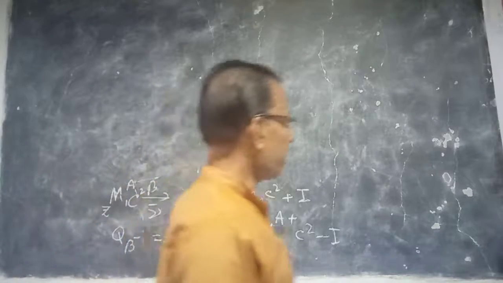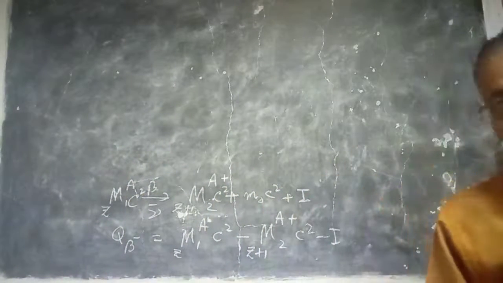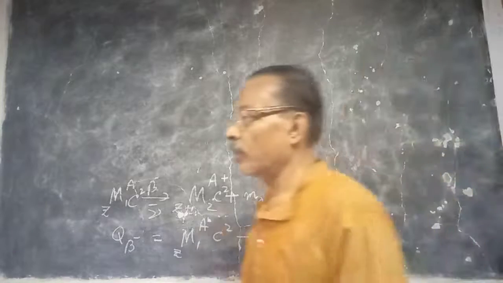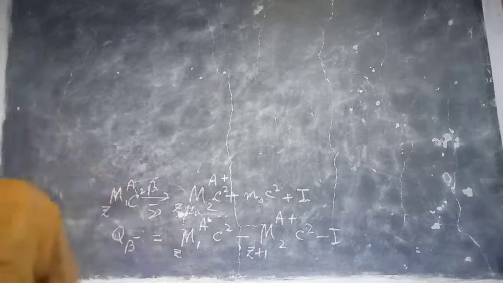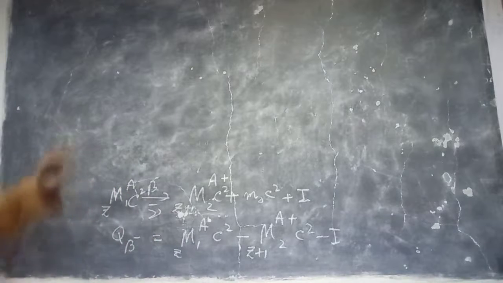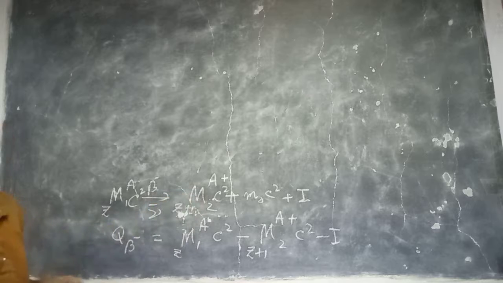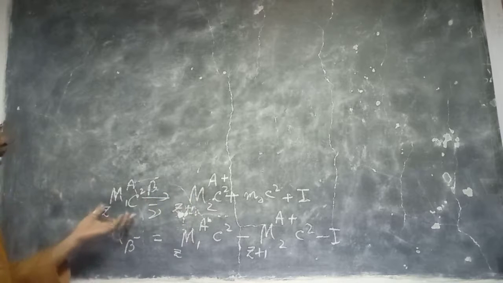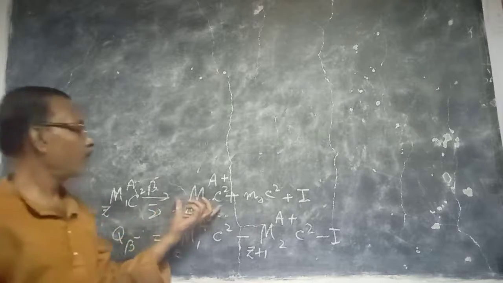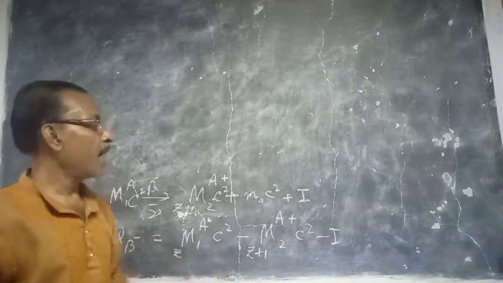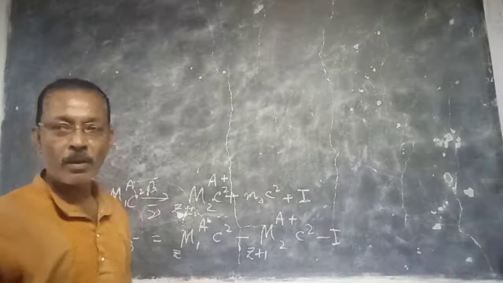In the beta process, when the daughter nucleus is in an unstable position, if a small perturbation is applied to that, then the beta electrons will be emitted. After emission, the parent nucleus goes to the daughter nucleus, and the electron and the antineutrino are emitted.